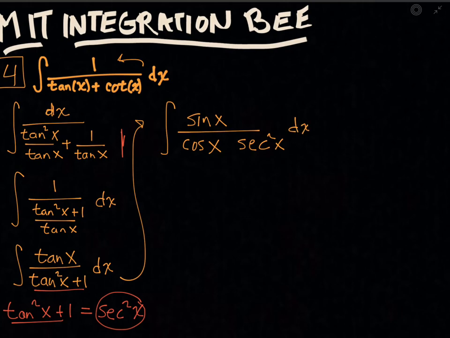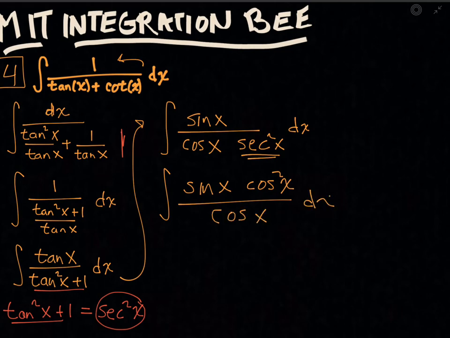Another way of writing secant squared is 1 over cosine squared. Because it's in the denominator, 1 over 1 over cosine squared moves the cosine squared to the top. So we have sine x cosine squared x, right? And that's just 1 over secant squared, all over cosine x dx. So this can be removed from the top, making that power 1. So we have the integral of sine x cosine x dx.